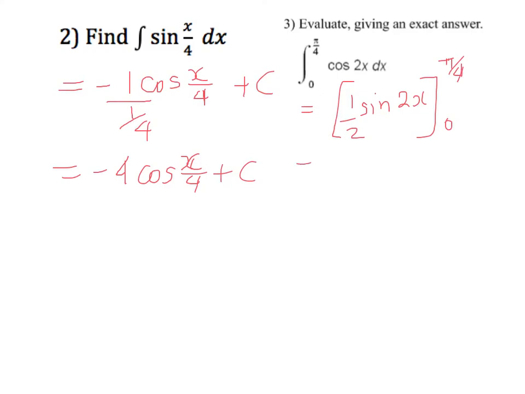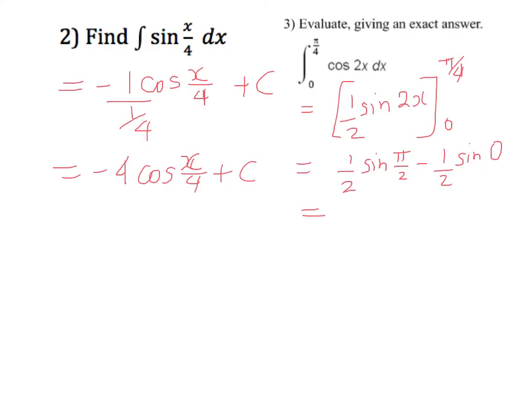Then we're going to substitute those values in. So it's going to be half sine of 2 times pi on 4, which is pi on 2, minus half sine of 2 times 0, which is 0. Sine of 0 is 0, so that's pretty cool. This whole thing becomes 0.